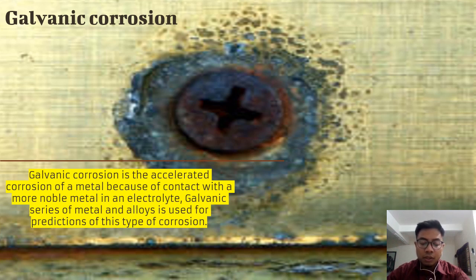This corrosion happens because of the contact between the materials. Usually, this corrosion happens at the starboard or at the screw in the base material.